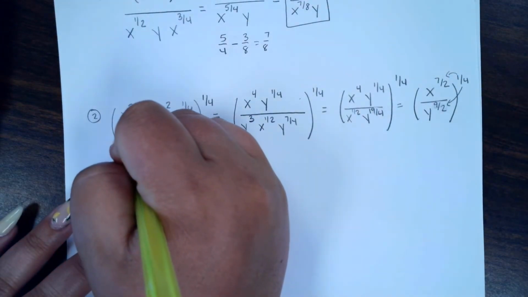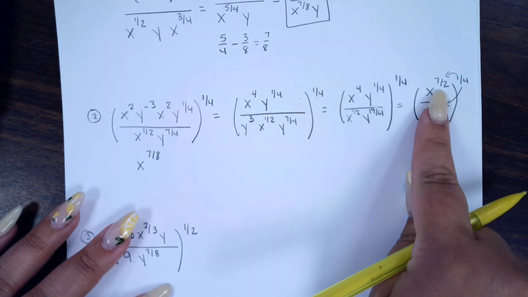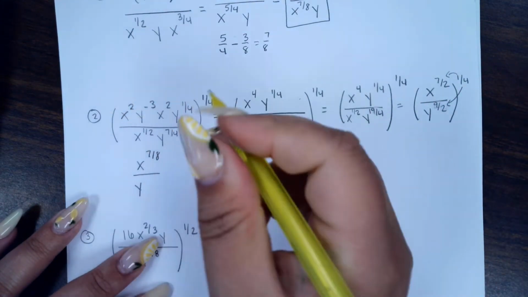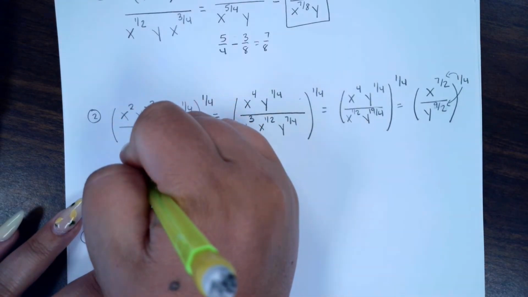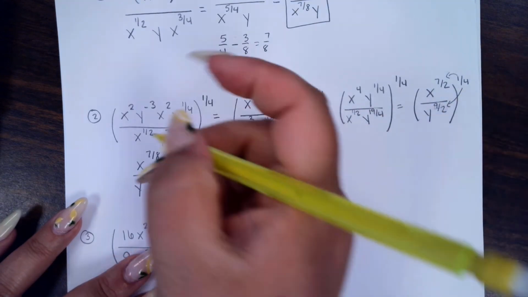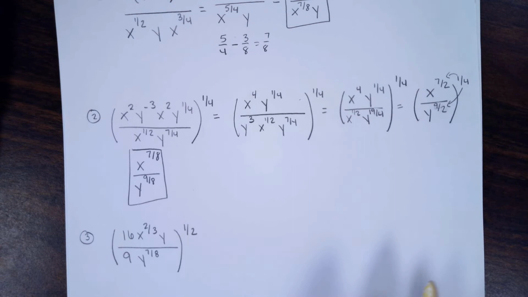So I'll get x to the 7/8, that's 7/2 times 1/4, over y to the 9/8, 9/2 times 1/4. And that is all I can do there.